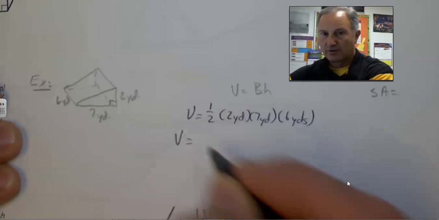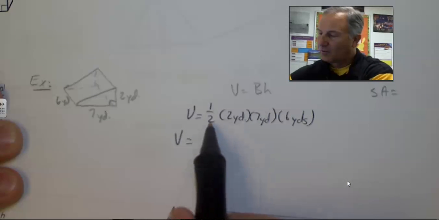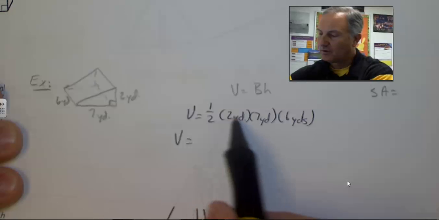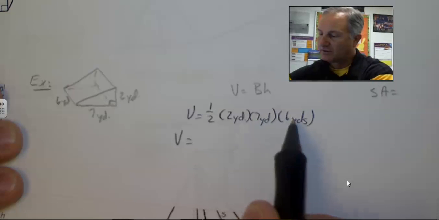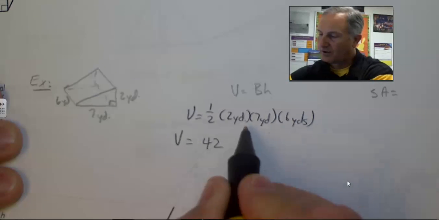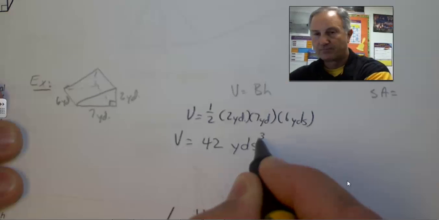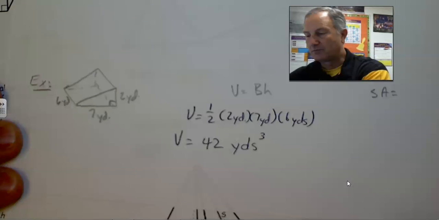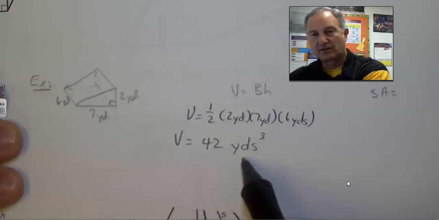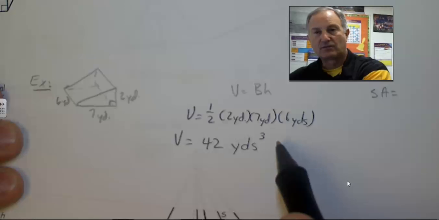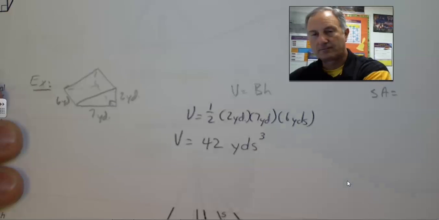So my volume is going to equal 1/2 times 2, which is 1, times 7, which is 7, times 6, which is 42. Yards times yards times yards is yards cubed. Anytime we're talking about volume, you're going to get your unit, in this case yards, cubed. Everything's cubed to the third power when we're talking about volume.